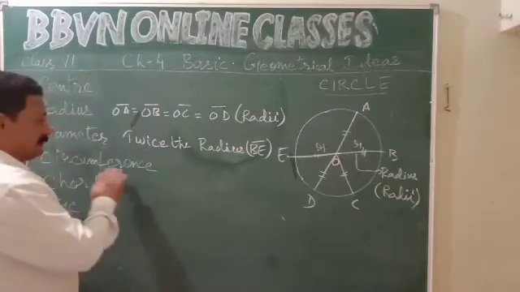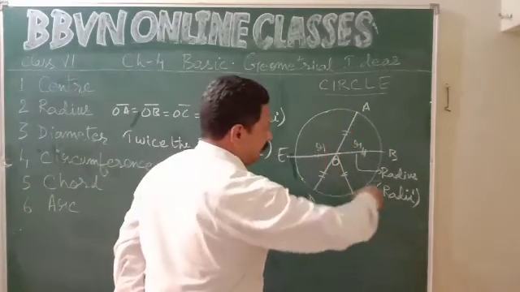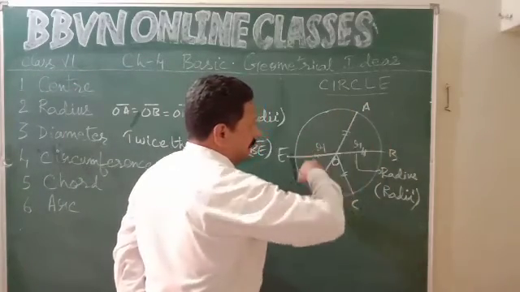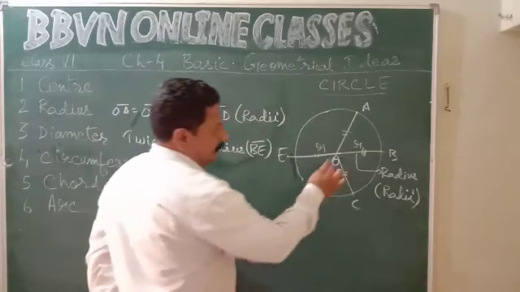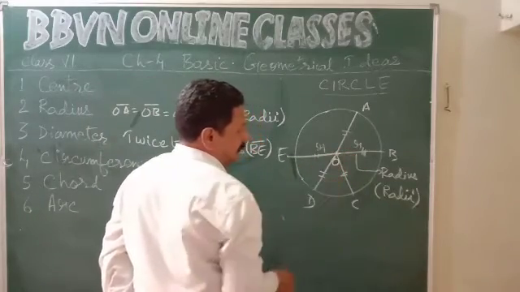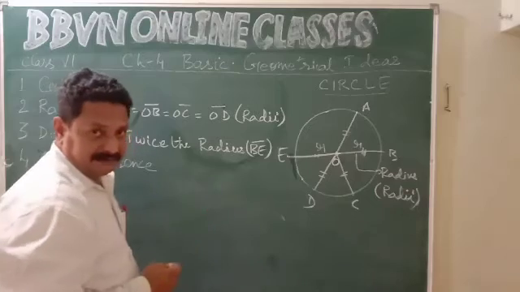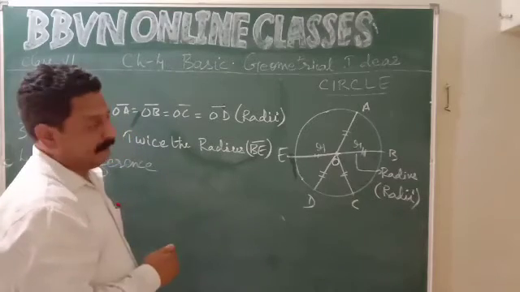Okay, next, circumference. You understood the entire part, this entire circle, this is called the circumference. You have the center here. We have discussed radius, we have discussed diameter.